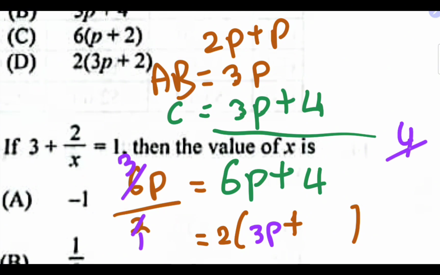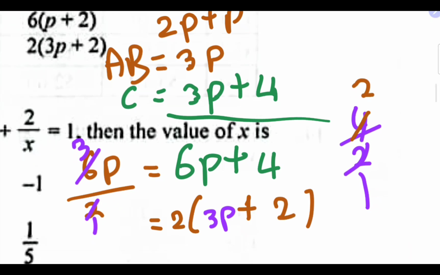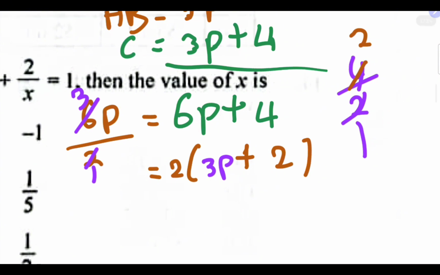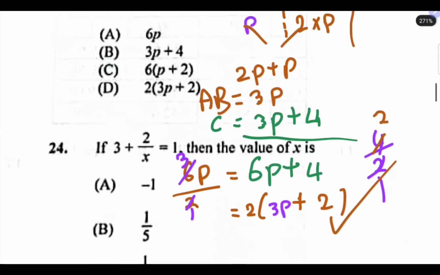We need to do the same with 4. 4 over 2, 2 goes into 4 twice. So that's going to be 3P plus 2. So 2 open bracket 3P plus 2. And there we have it. So that would be option D.